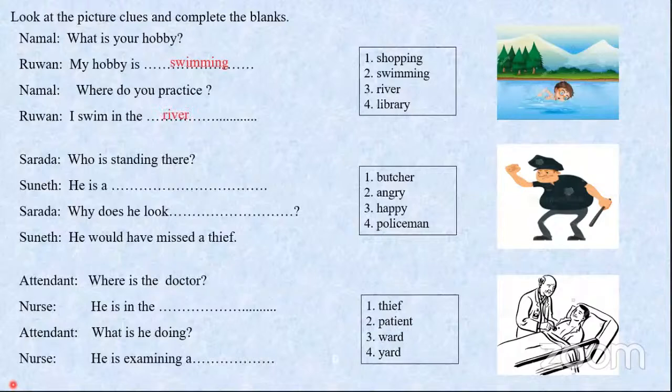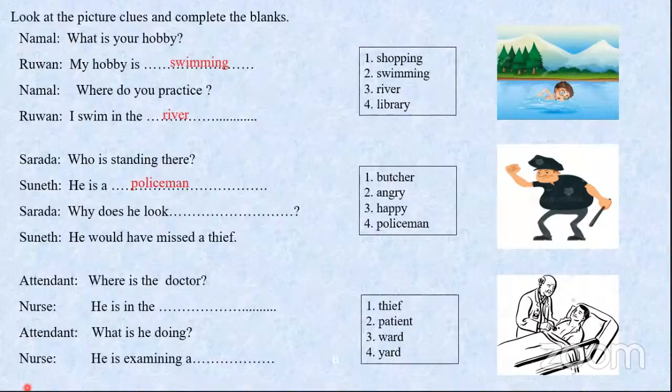Next one, Sarda, who is standing there? Who is standing there? Then Sunet replies, he is a policeman. He's a policeman. We can see the picture of a policeman here. So he is a policeman. And Sarda asks, why does he look, right?